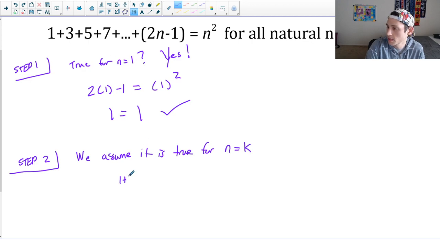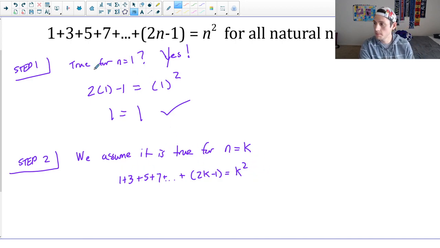Instead of n, I'm going to plug in k. So plus 2k minus 1 equals k squared. Right? So step 1 was just showing, will the first domino fall? Yeah, 1 equals 1. We've shown that that most basic first single domino will fall.